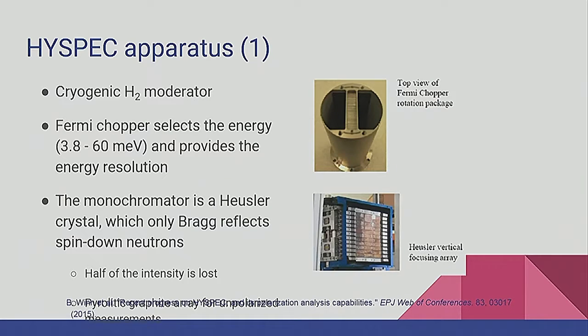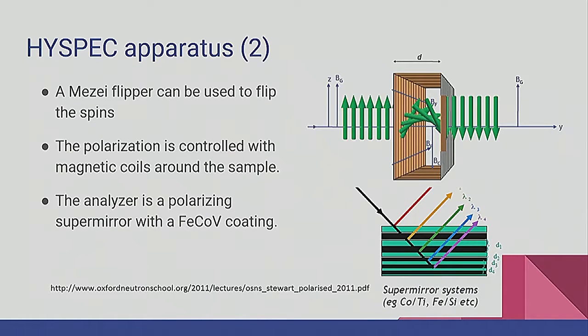You can't really see it, but if you wanted to do unpolarized measurements, you could use a pyrolytic graphite array, which doesn't have this problem. So a Mezei flipper is used to flip the spins. So it basically sets zero vertical magnetic field inside the middle region, but there's a horizontal field which rotates the spin.